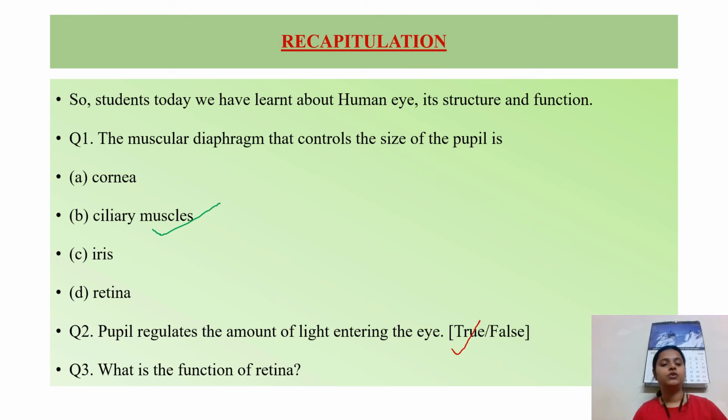So now the next question is, what is the function of the retina? I have explained in the previous slides also that the function of the retina is basically that image formation takes place on the retina, and from the retina, through the optic nerves, the visual information is transmitted to the brain.